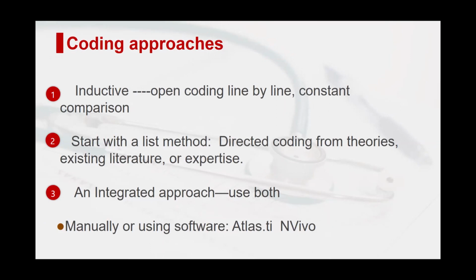For example, if you study caregiver stress, you already know stress, burden, support, and coping are important concepts. Then you can code around these concepts. An integrated approach allows the researchers to use both inductive and deductive coding in the analysis.